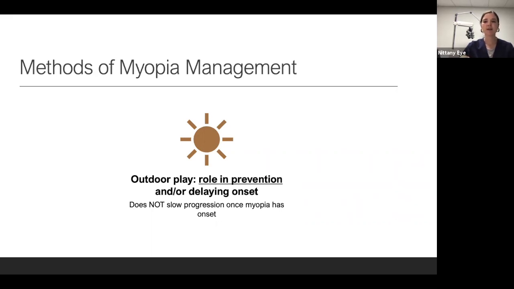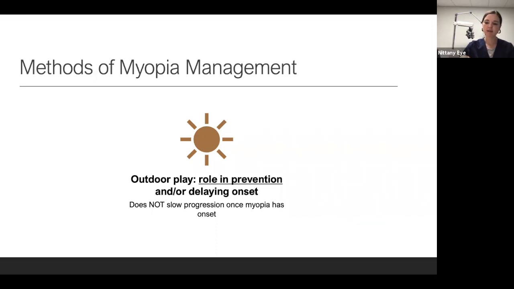We don't know if it's because you get more work at distance or if it's because of something with UV light. We don't fully understand why, but this does seem to be very reliable and helpful in predicting myopic onset. And why we care about when it onsets is because, as I showed you in that example, the patient whose myopia onsets younger typically ends up at a higher prescription once they do eventually stabilize.